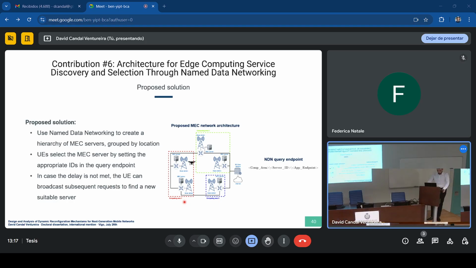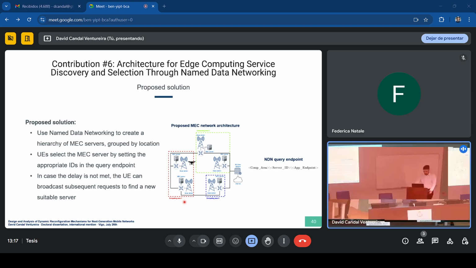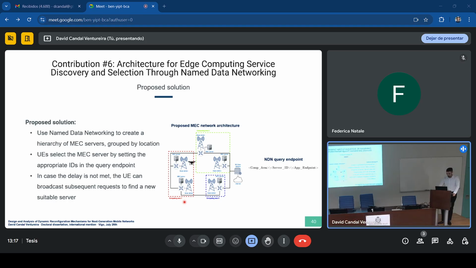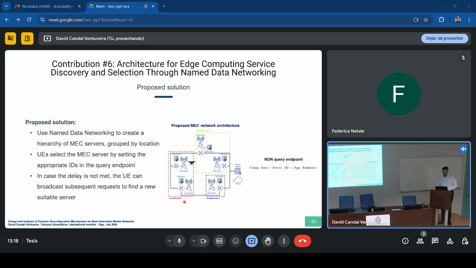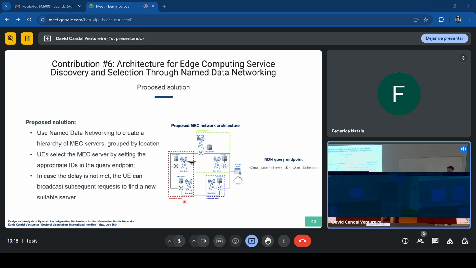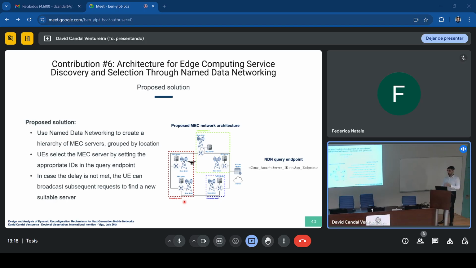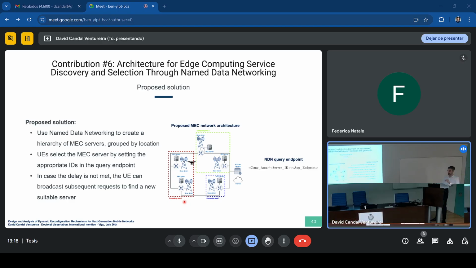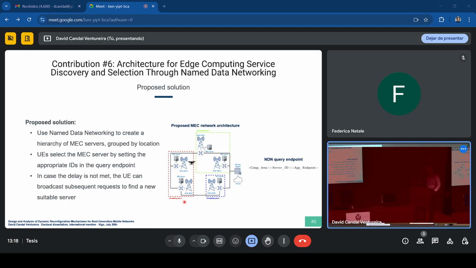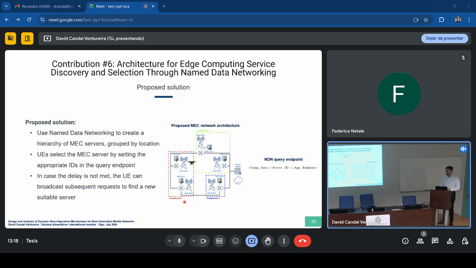But it can also be improved in such a way that the server indicates its current capacities and load, and somehow the UE or an intermediate node can estimate the processing time on that server. But as I said, there are many options. This is just a baseline model or framework that can be complemented in many ways to overcome possible weaknesses.